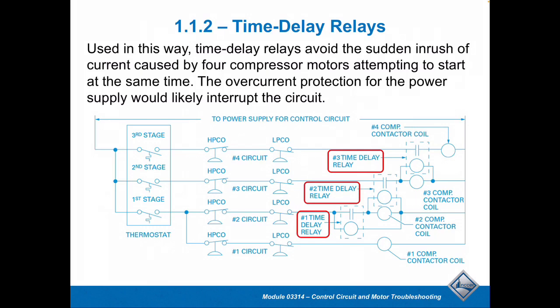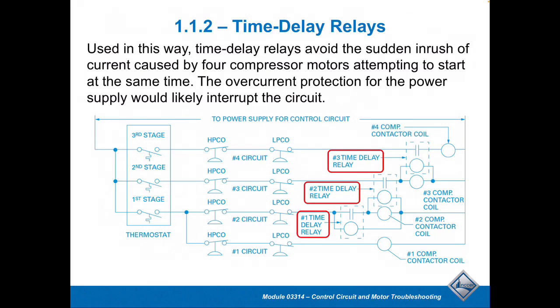Logically, if there would be a major demand where we want all the cooling we could possibly get, and somebody enables cooling, what you wouldn't want in a normal job is every single compressor starting at the same time. One of the problems that can create is a huge amount of inrush current that might be too taxing on the power supply of a system, and that could create some problems.